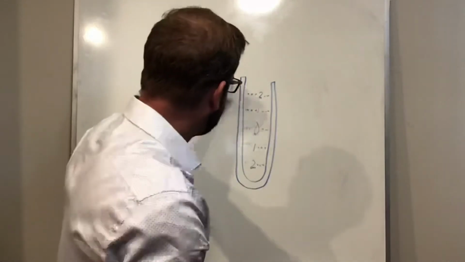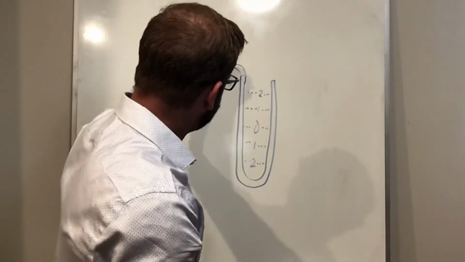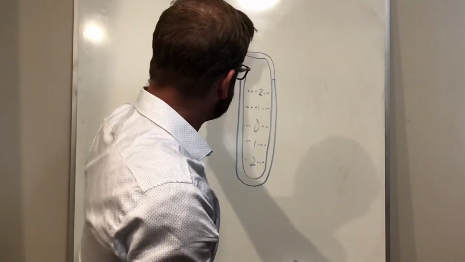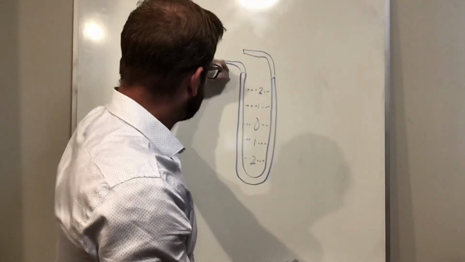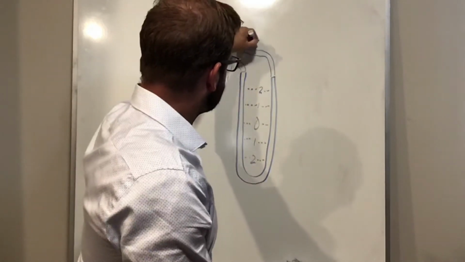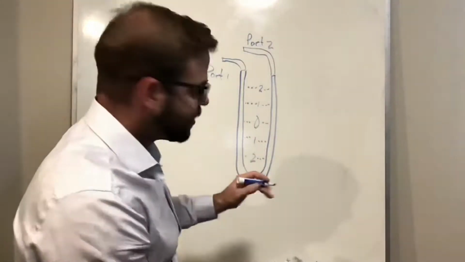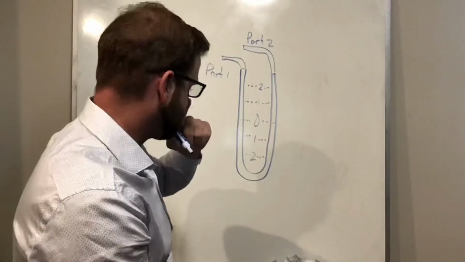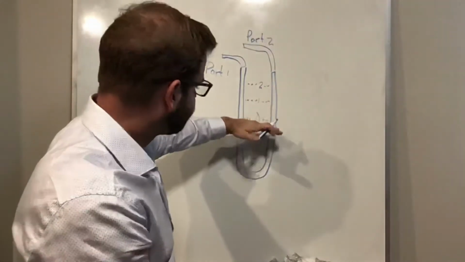So we are going to look at two ports off the top. We've got port number 1 and port number 2. As we had talked about, when there's no pressure applied, the fluid is resting at 0.